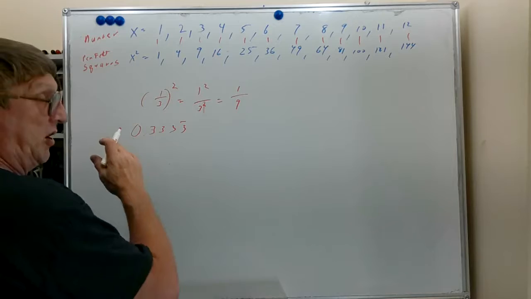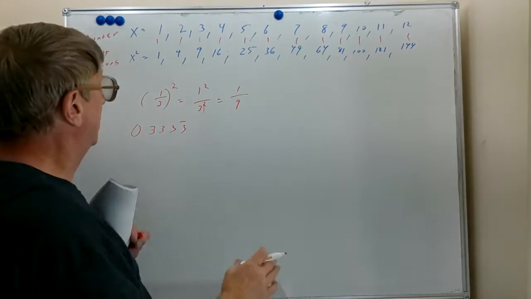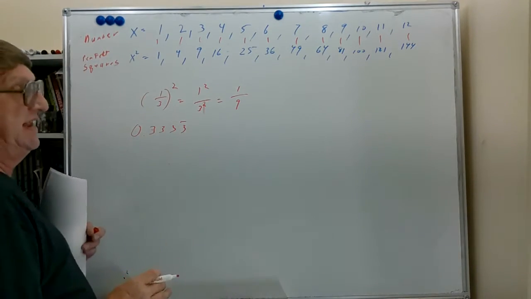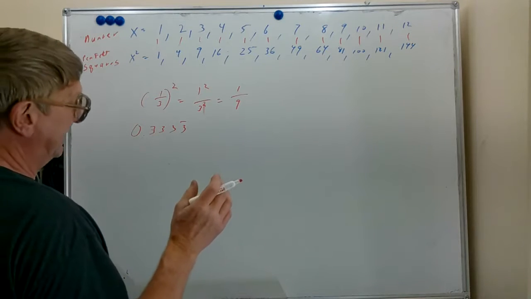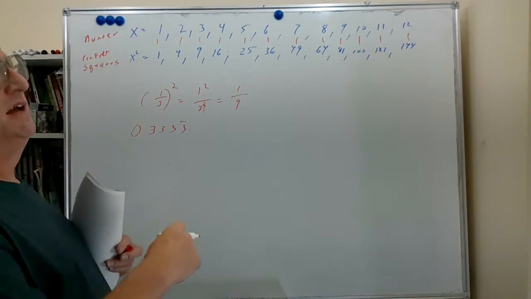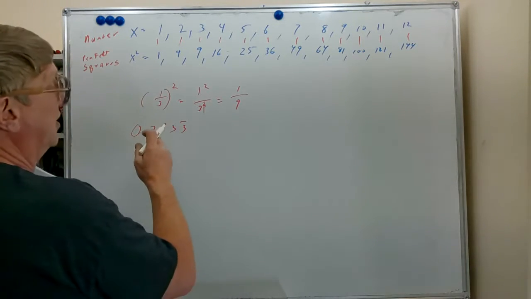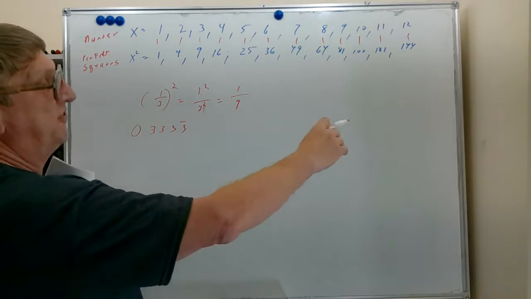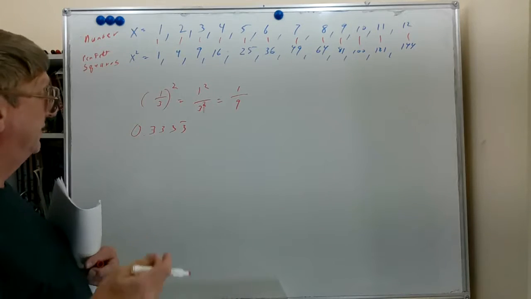At some point we'll put a bar to indicate that it continues on forever. But this is still a finite decimal in that it repeats. It's not an infinite decimal in that it goes on forever and ever with no repeating pattern.